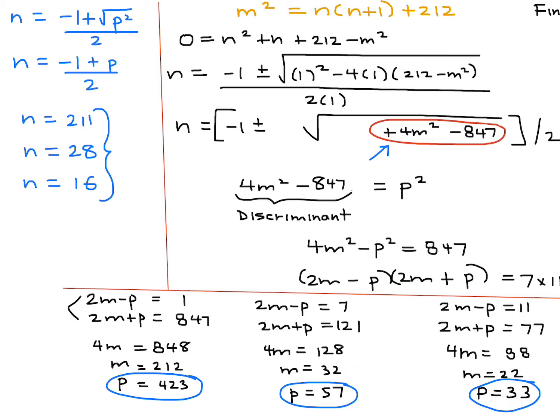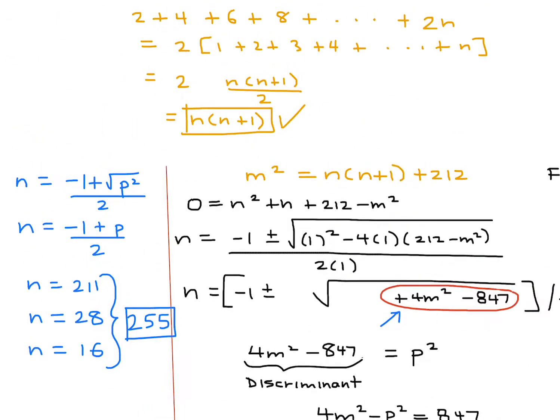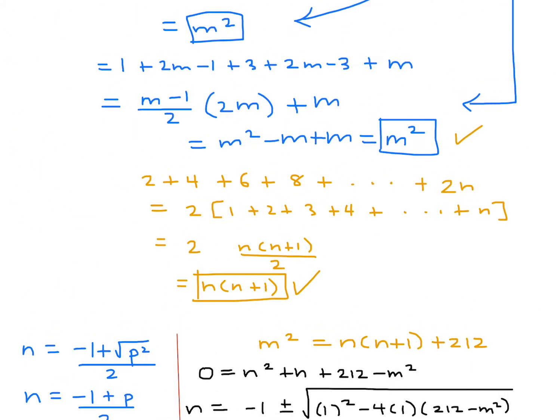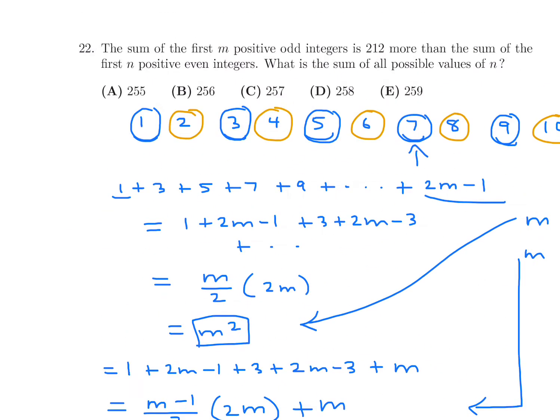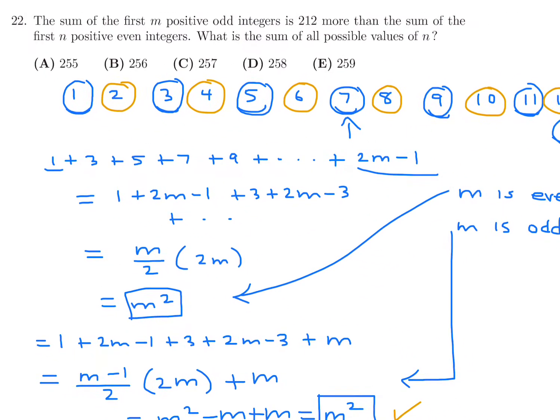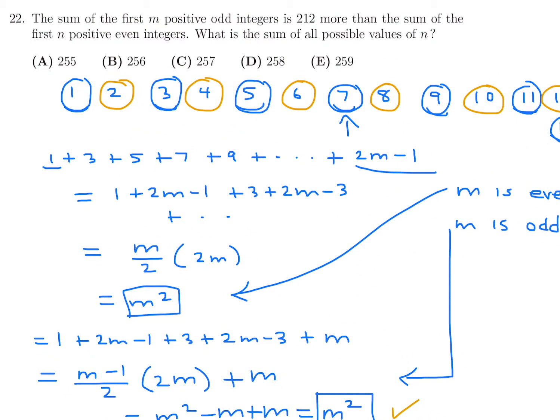So 211 plus 28 plus 16 is equal to 255. And that is the answer to this question. So 255, and therefore that would mean A.